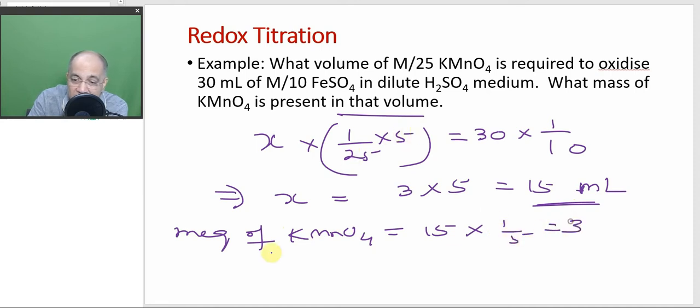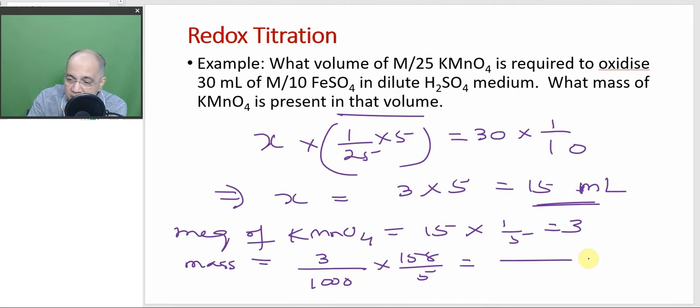So that is 3 milliequivalents. So what is the mass? Mass is 3 by 1000 into the molecular mass 158 divided by the N factor 5, so it's 31.6. Whatever it will come, that much amount is present in the given volume.